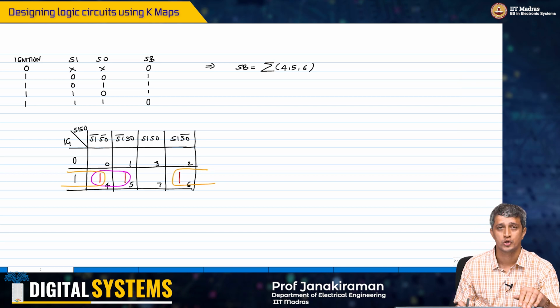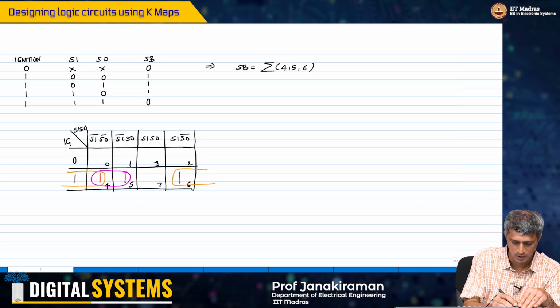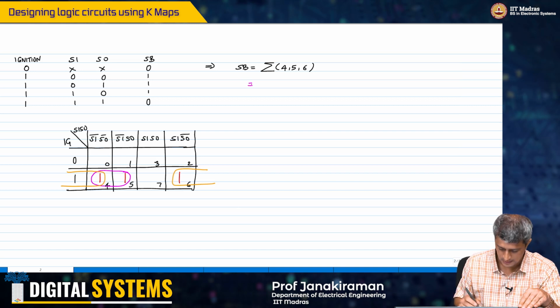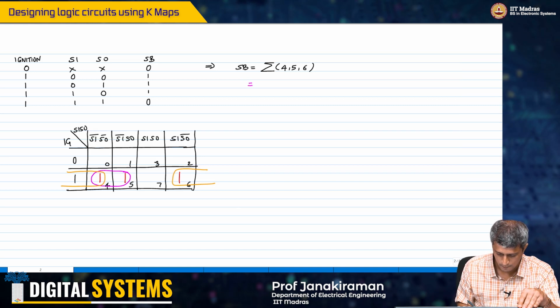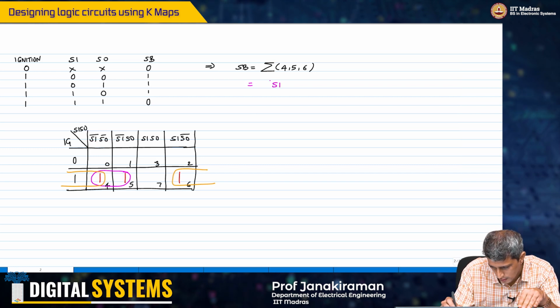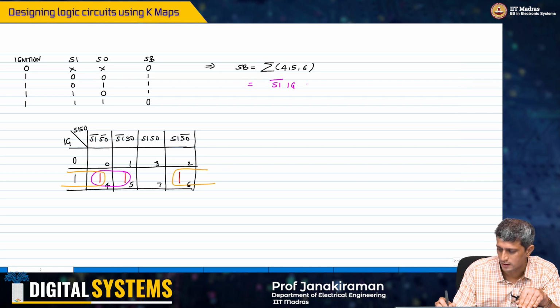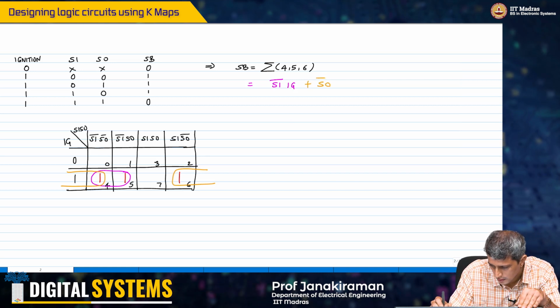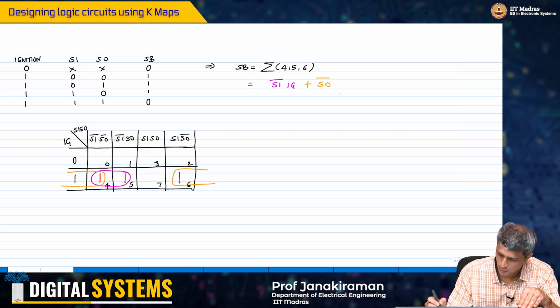This is what I have, and therefore I can go ahead and do this, and I can also do it in these two circles, and therefore I can write SB as S1 bar into IG plus S0 bar into IG.